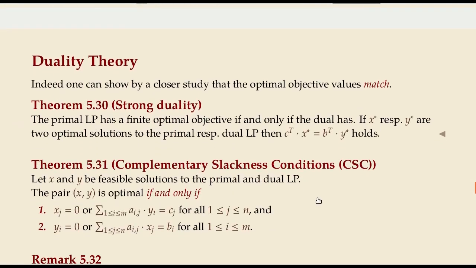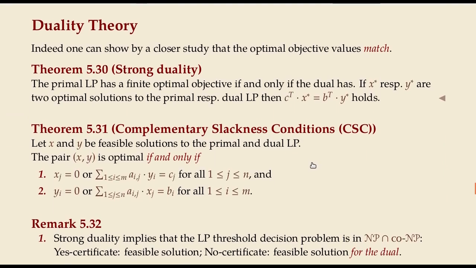The point is that there's a lot more behind dual LPs, and that's the following set of theorems. The most important one for us is essentially the strong duality theorem. If you have optimal vectors x star, y star for the primal and dual LP, and this implicitly assumes that these exist.